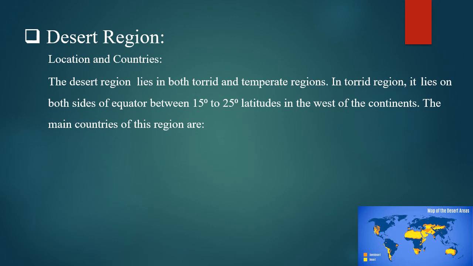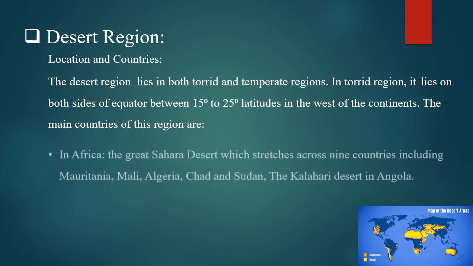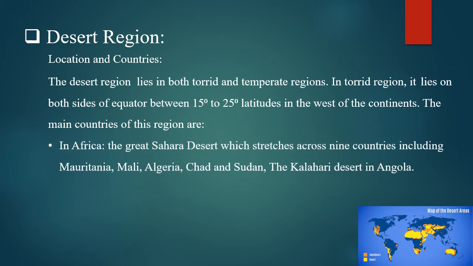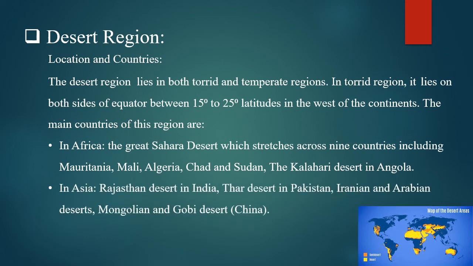The main countries of this region are: in Africa, the Great Sahara Desert, which stretches across 9 countries, including Mauritania, Mali, Algeria, Chad, and Sudan. The Kalahari Desert in Angola. In Asia, Rajasthan Desert in India, Thar Desert in Pakistan, Iranian and Arabian deserts, Mongolian and Gobi Desert in China.